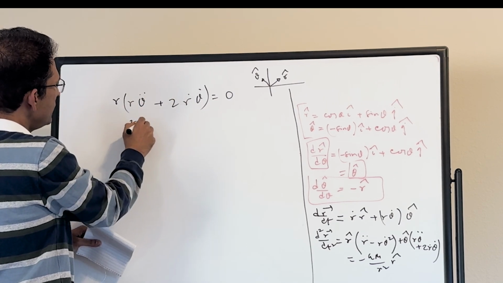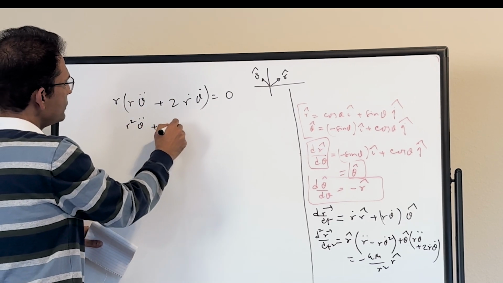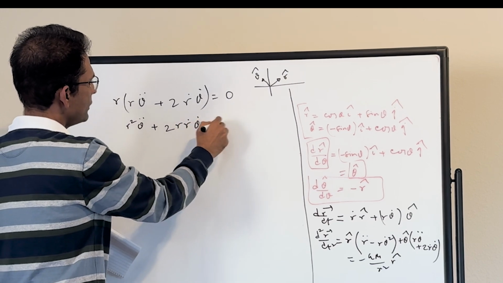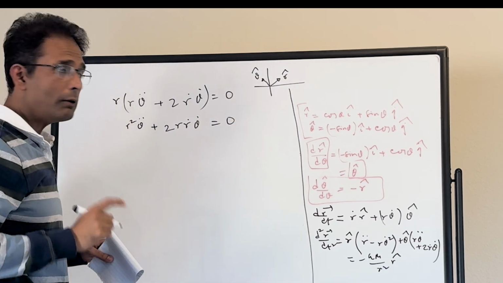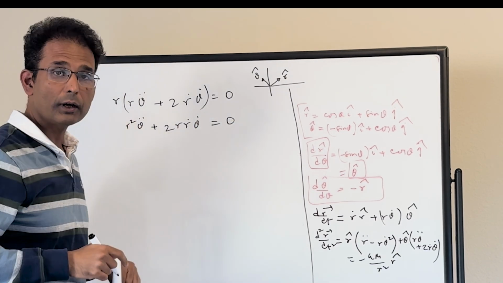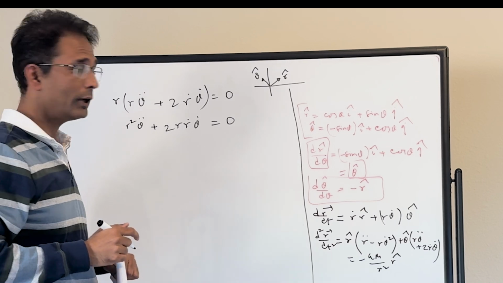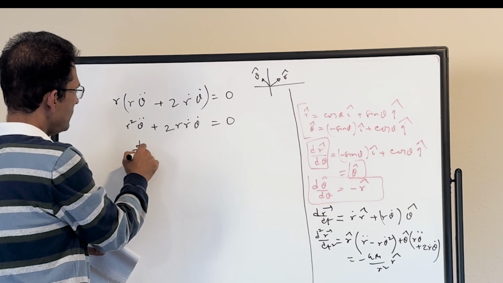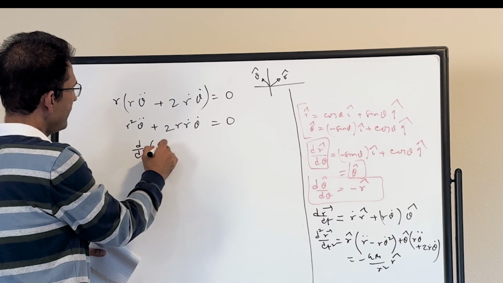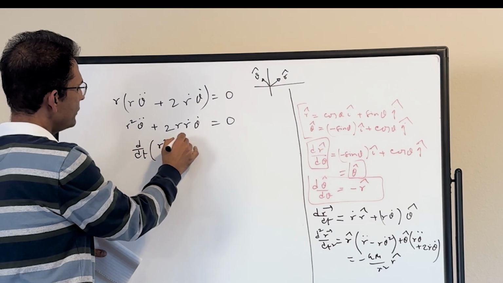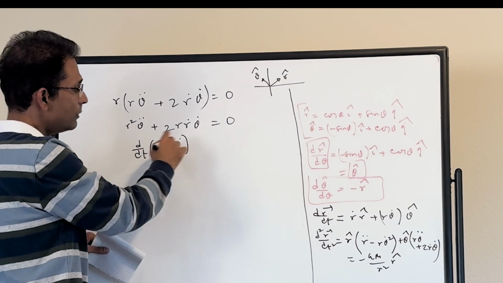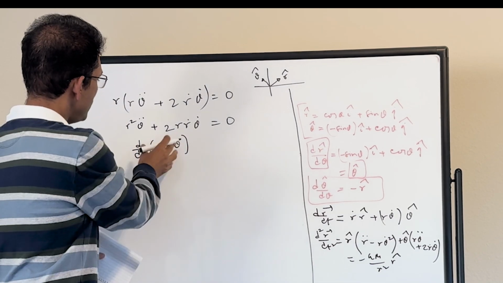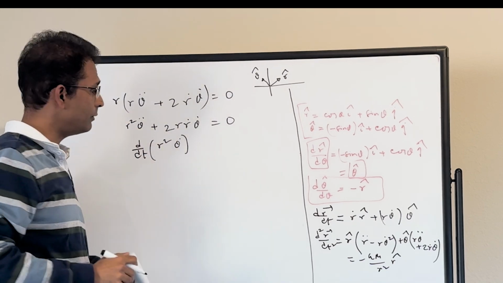So you get r squared theta double dot plus 2 r dot theta dot equals 0. Now notice that this is a total derivative. That means you can write this as d dt of r squared theta dot. You can write this as a time derivative of an expression. This is called the total derivative term.